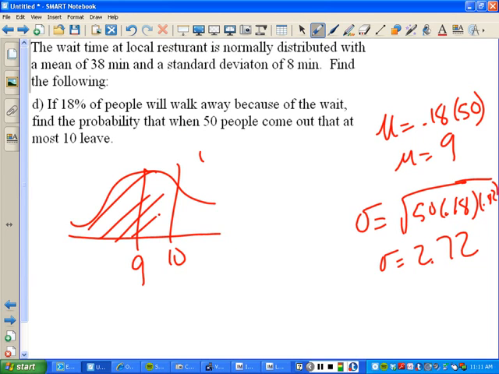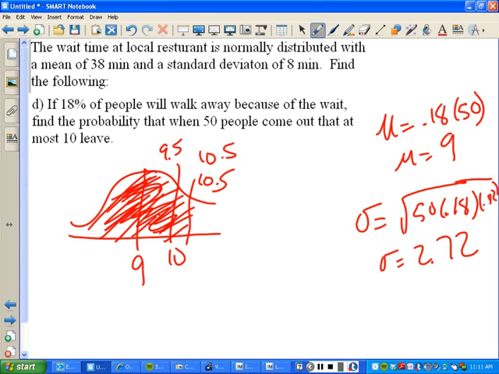So you're going to go to 10.5, or you're going to come back to 9.5 with your continuity correction factor. 10.5 so that you can include 10. You want to include 10, so you've got to come on this side and shade. And that part is very confusing. So you're going to go 10.5 minus 9 divided by 2.72.